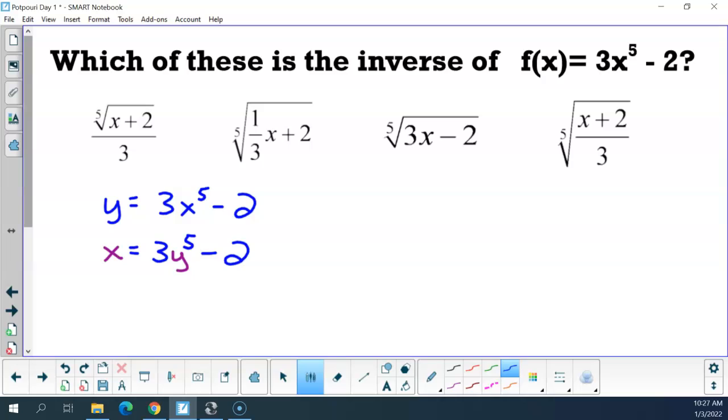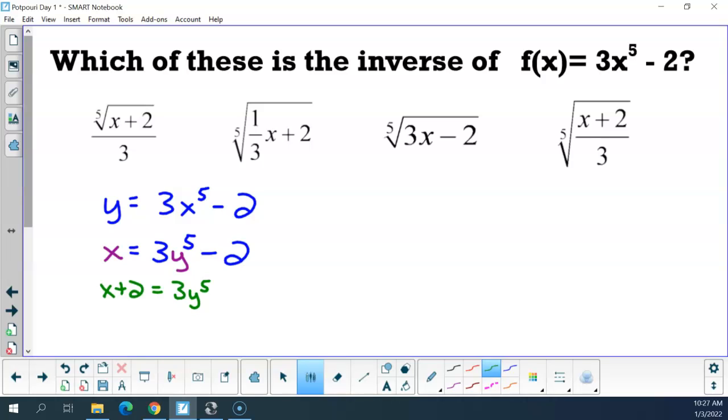Now what? Add 2. I like the add 2 part. And then do the fifth root thingy.